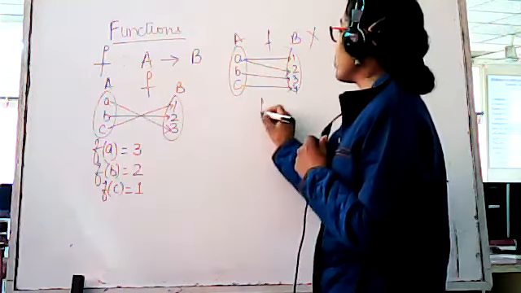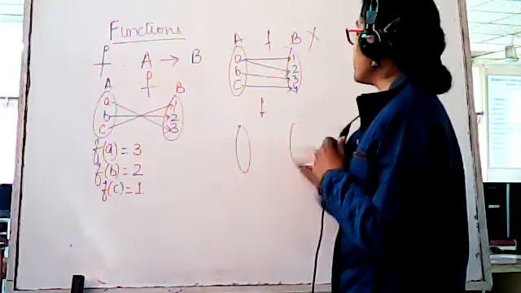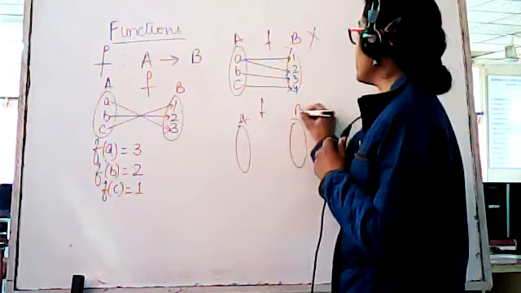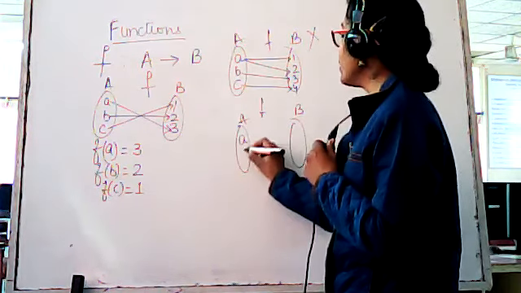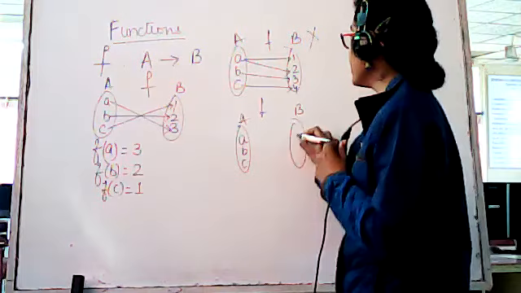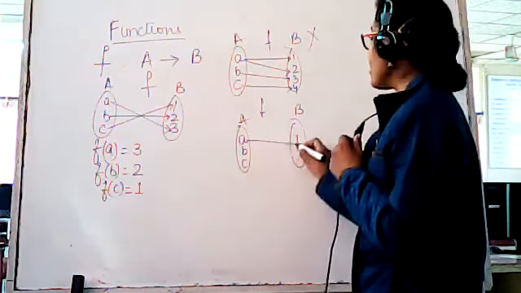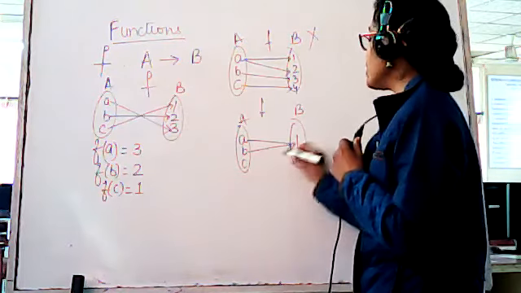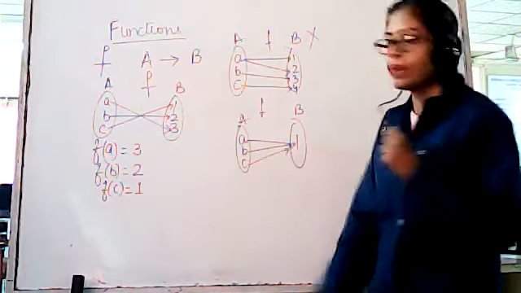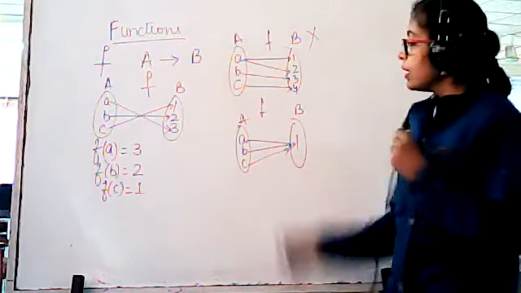Let us take one more example. Let this be a function from A to B, in which we are having elements a, b, and c, and in the set B we are having only one element. Image of a is 1, image of b is 1, image of c is 1. This is a function.